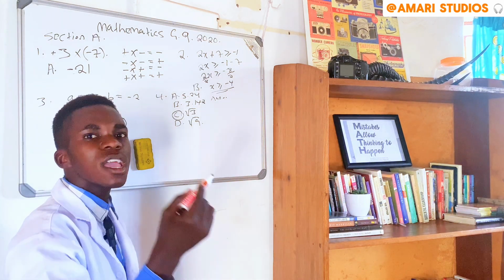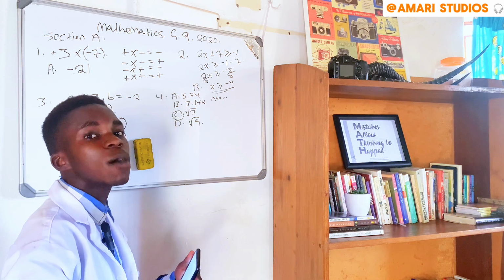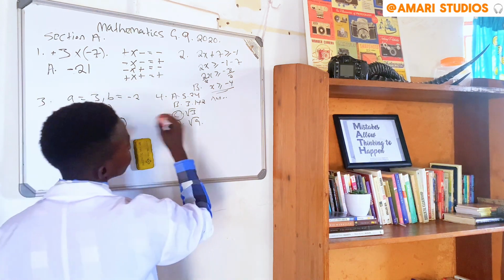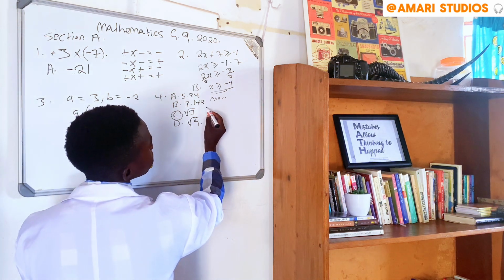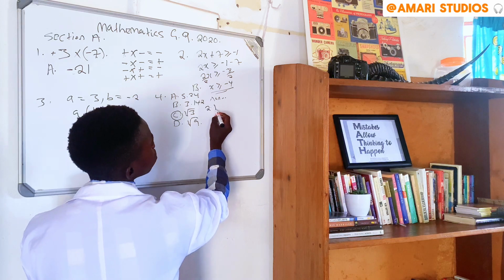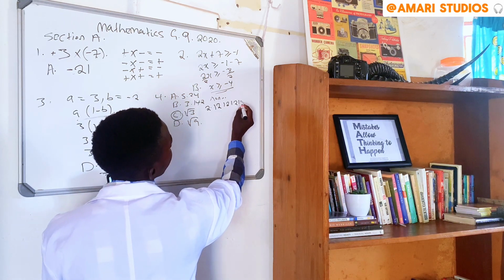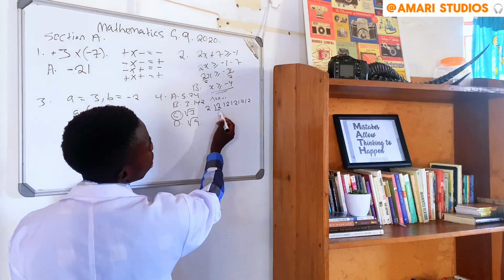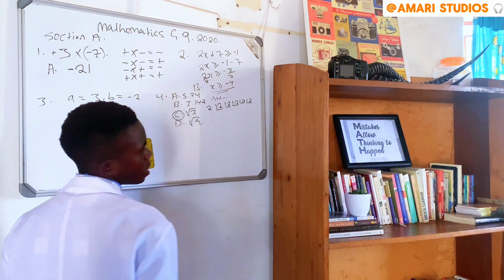Then if you have a repeating decimal number, it means that at that point it will be an irrational number. What I mean is this: when you talk about repeating decimal numbers, we are talking about, for example, 2.121212. As you can see, 1 and 2 kept on repeating themselves just like that.